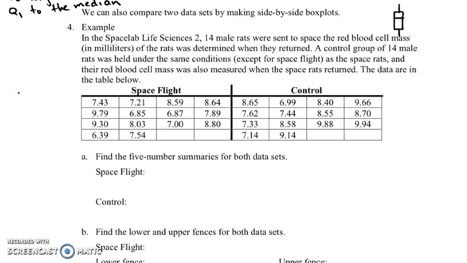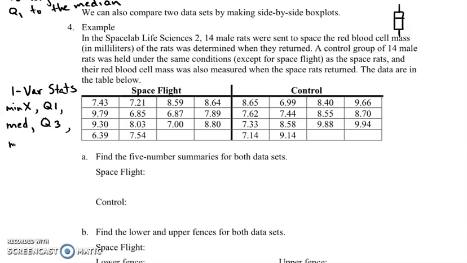And remember, we do that by putting the data set in the list and then doing one var stats. And what the calculator has is min x, Q1, median, Q3, and max x.